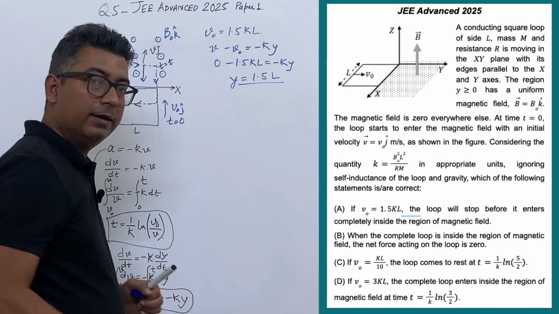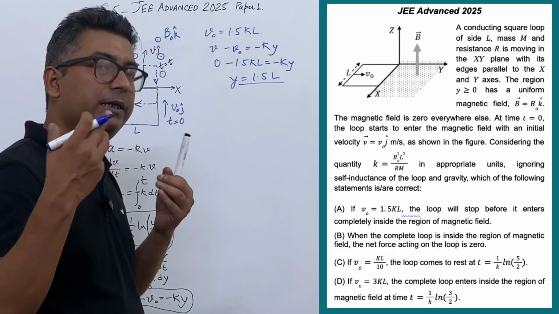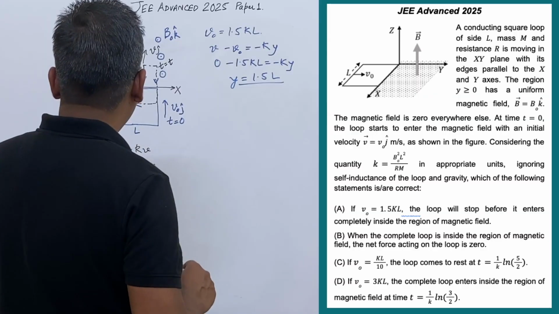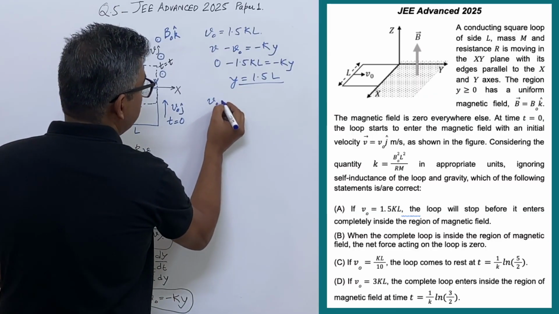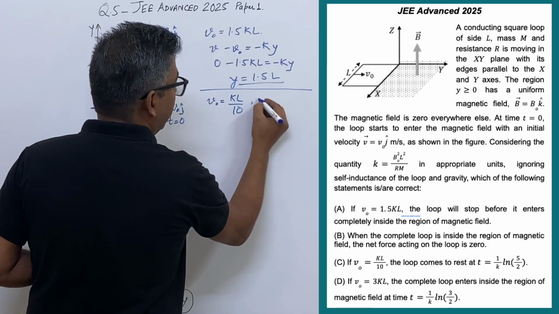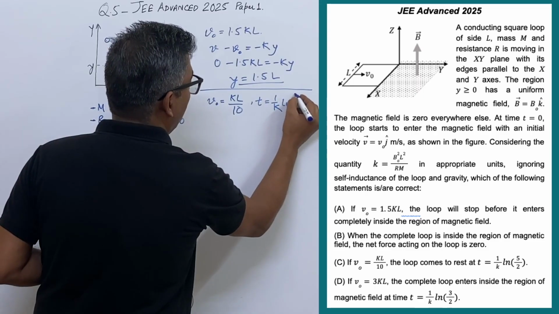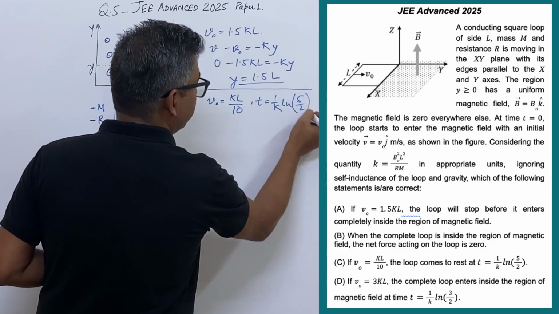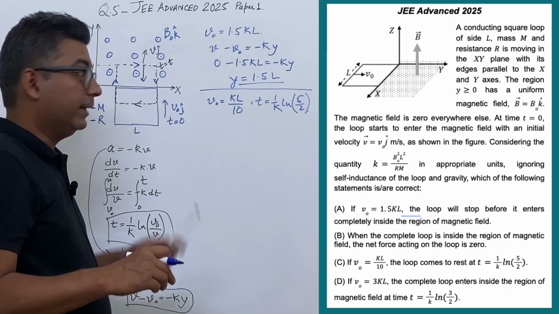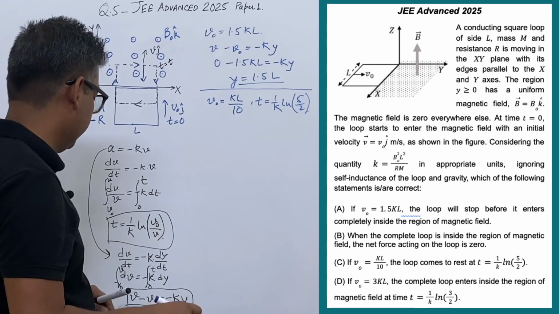Next, look at the second option, which is the third option in my case, because B we have already said is correct. So the third option says that my V naught is equal to KL by 10 and it should stop at 1 by K times ln of 5 by 2. Let's look into it. So if it has to stop, let's see what distance it travels.